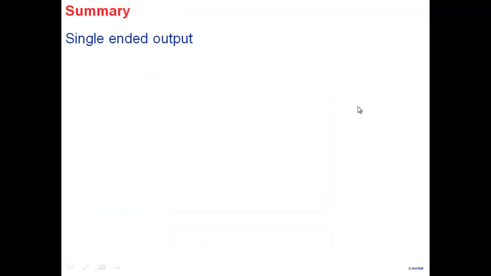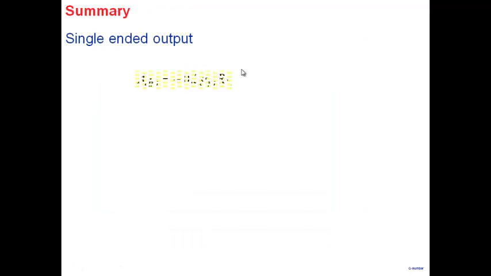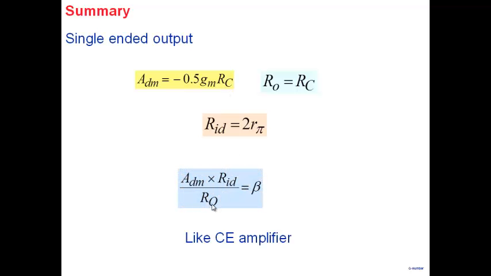Let me just summarize. When I'm taking output at any particular point, V01 or V02, what we are getting is a differential mode gain of 0.5 GM RC. RID is 2 R pi. R0 is RC. These are the characteristics of the differential pair under differential mode. If you look at ADM times RID by R0, it is also equal to beta.